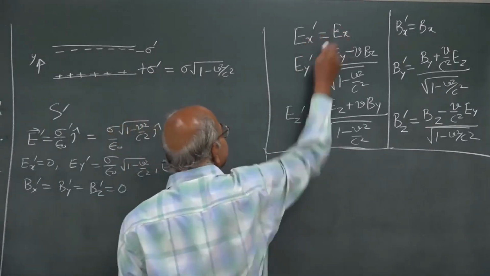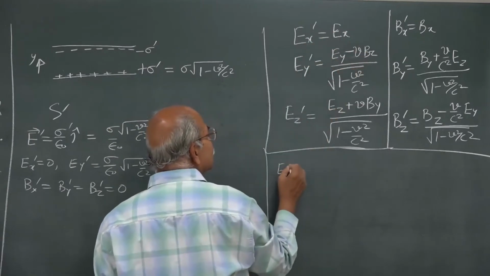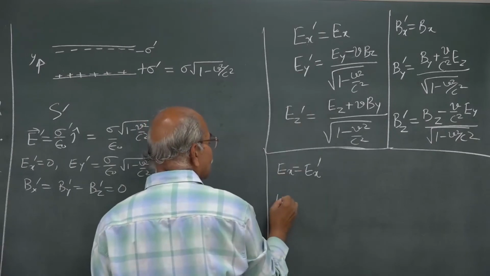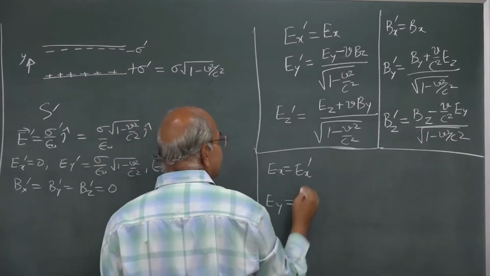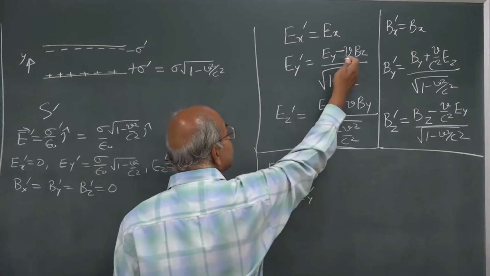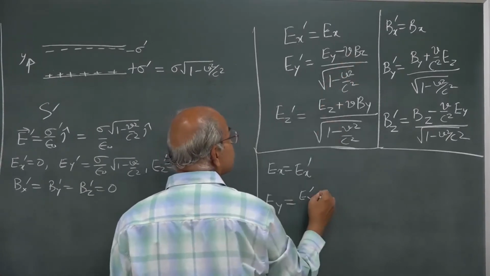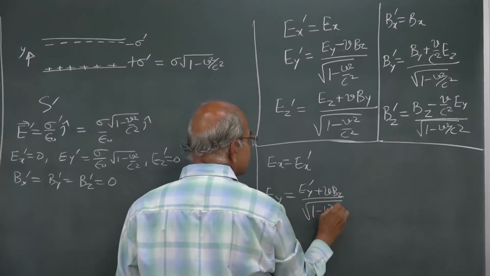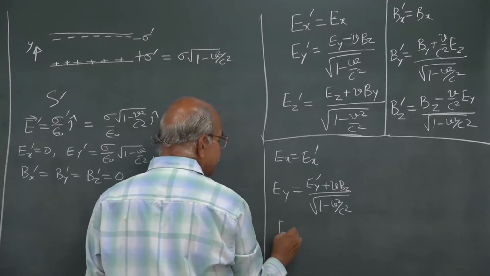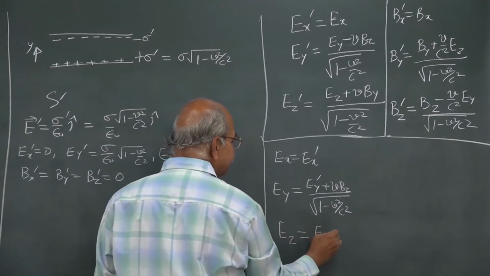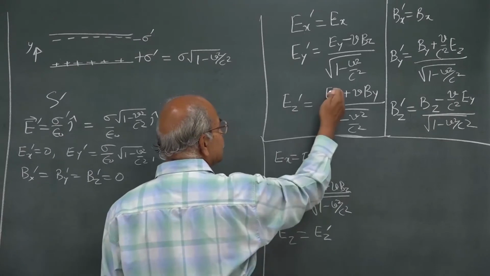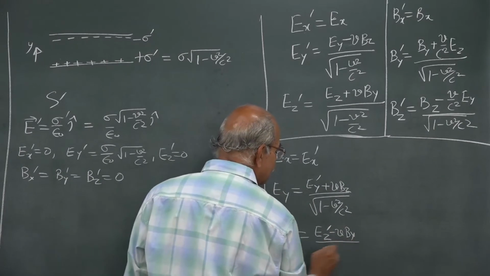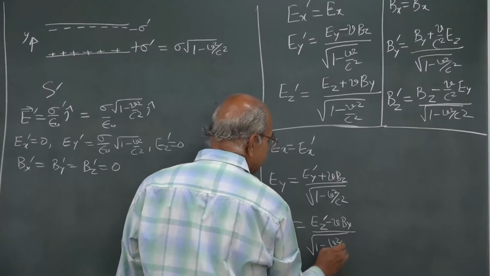So, what is Ex? Of course, Ex is equal to Ex prime. What is Ey? Ey is equal to Ey prime, and plus V Bz, since V becomes minus V, and then divided by square root 1 minus V square by c square. Ez will be Ez prime minus V By divided by square root 1 minus V square by c square.